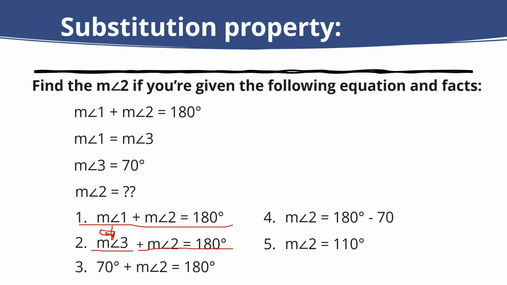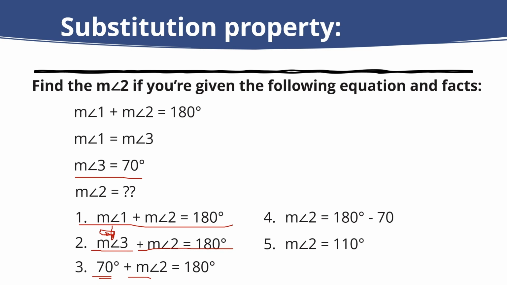And then we just do the math. We know the measurement of angle 3 is 70, so that becomes part of the equation: 70 degrees plus the measure of angle 2, which is our unknown, equals 180 degrees. And just like we do in any other class where we're trying to solve for an unknown, we have to get the unknown all by itself on one side of the equation.